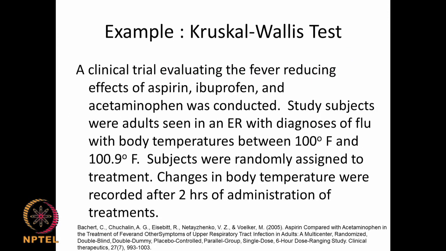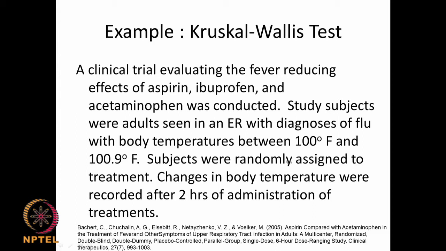Let us look at an example. This example was taken from a paper in Clinical Therapeutics. A clinical trial evaluated the fever reducing effect of 3 drugs: aspirin, ibuprofen, and acetaminophen. They were given to adults who had a body temperature of 100 to 100.9.